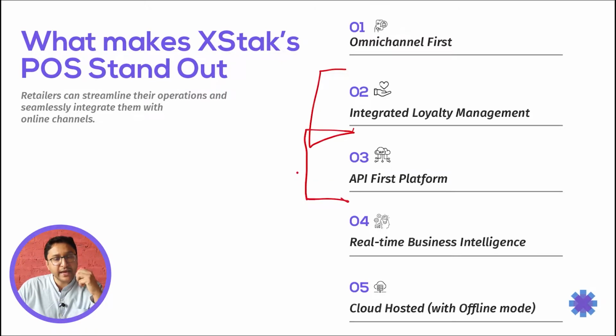So we said that we are omni-channel first. We said that we've got integrations with our loyalty management systems. The reason we're able to do these integrations and make our system real-time is because we are an API-first platform. These real-time integrations and event-based integrations are possible on our point of sale platform. So you can imagine any other system being easily integratable with our point of sale module.